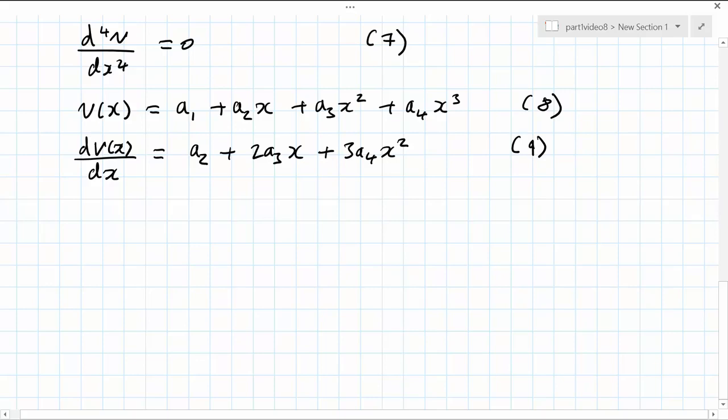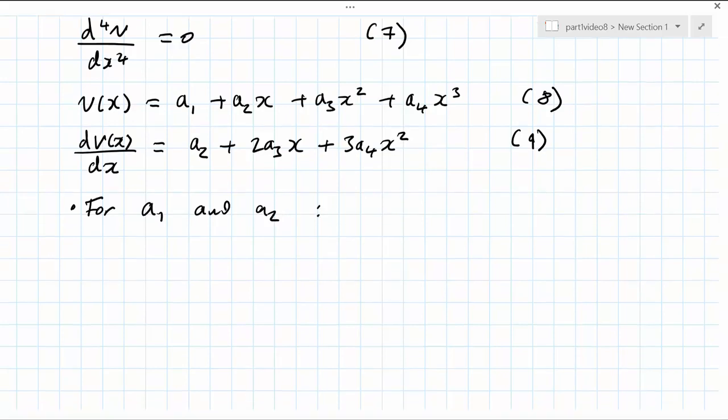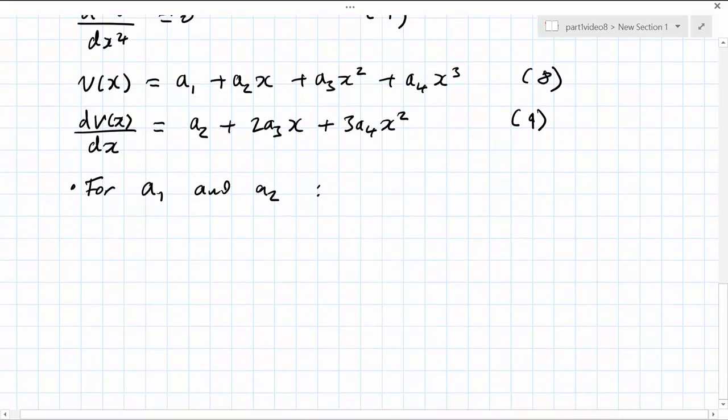This can be done by evaluating V(x) at the boundaries. For coefficients a1 and a2, this can be done easily, simply by substituting in x equal to 0 in equation 8 and equation 9 for displacement and rotation respectively.